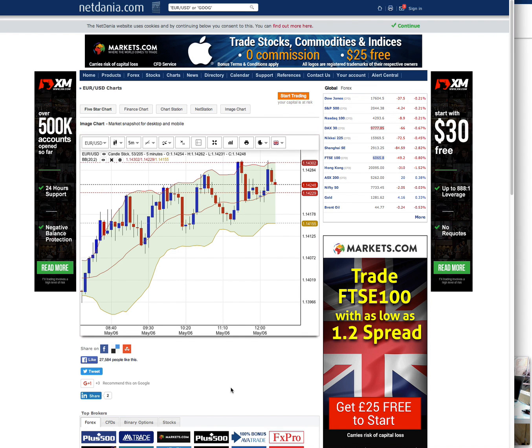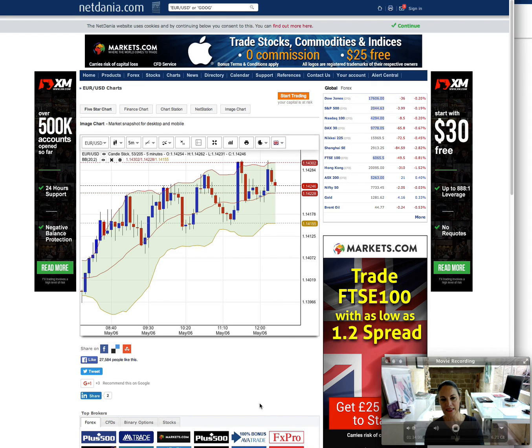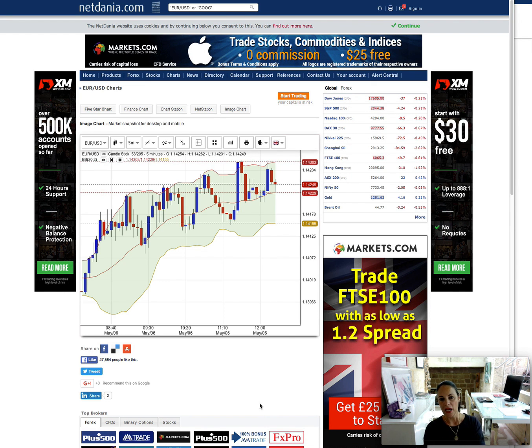So here we have, as you can see, the band is actually narrowing. It went all the way down to the average, but it seems to be retracing again.